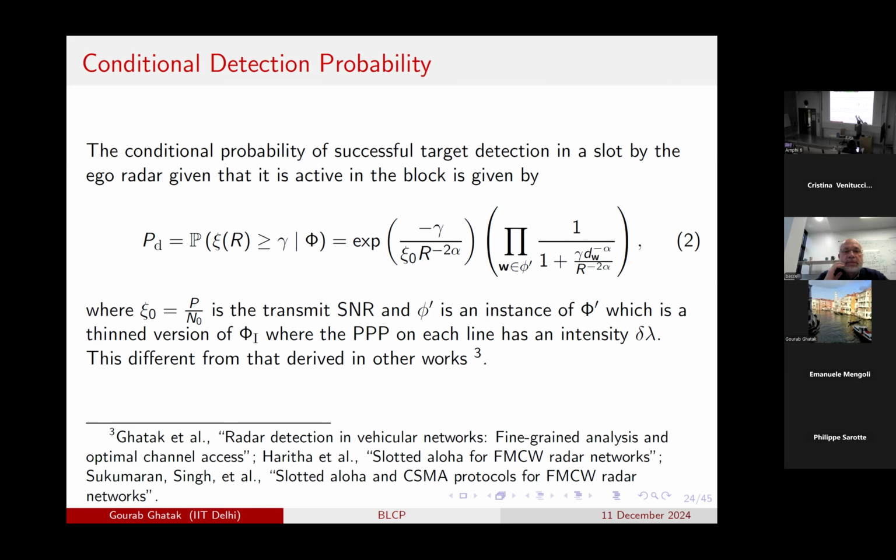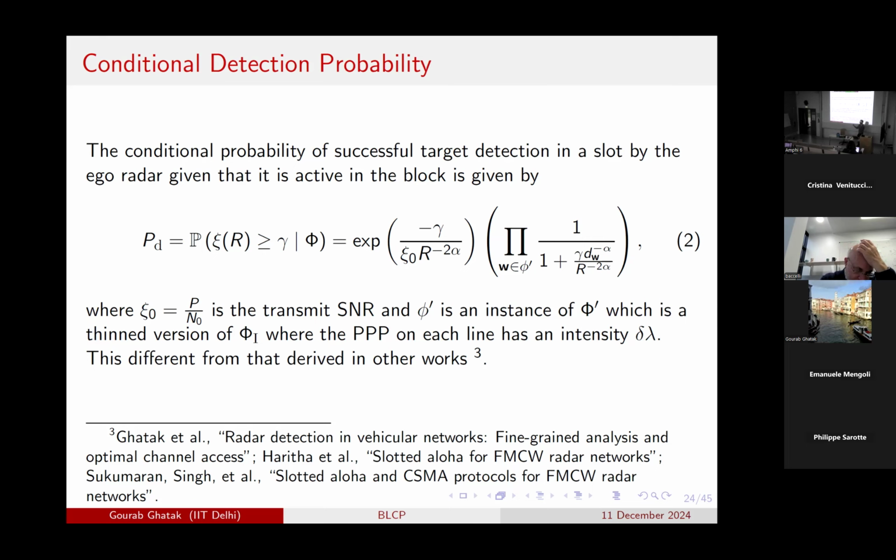One part accounts for the noise, the second part accounts for the interference. There is only one difference: since there is ALOHA happening, but it's not every slot, the transmission activity of each interferer is not averaged inside the ALOHA expression. So it's not P times the interference occurs and 1 minus P times the interference does not occur, but rather the impact of this ALOHA is directly in the point process itself.